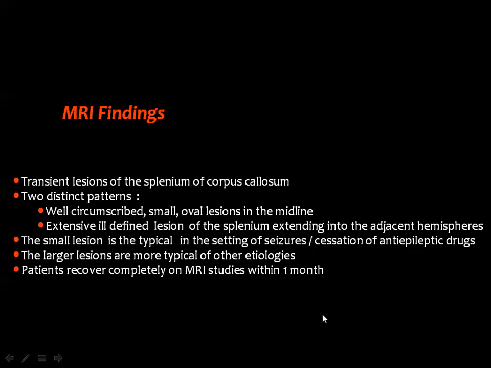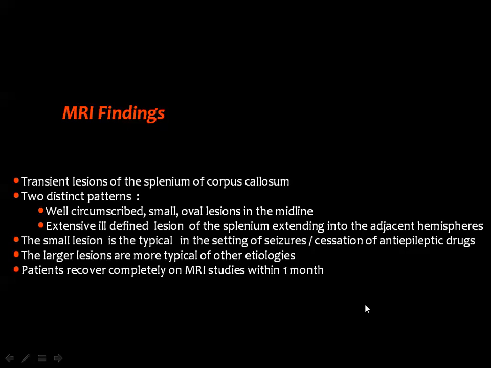Then this lesion is transient. It will regress, and we have two distinct patterns, a small one and a little bit extensive lesion, which will involve the corpus callosum as well as the adjacent part of the cerebral hemispheres.